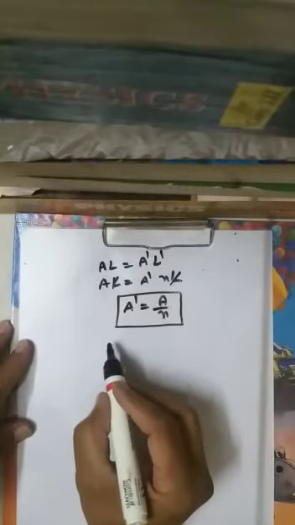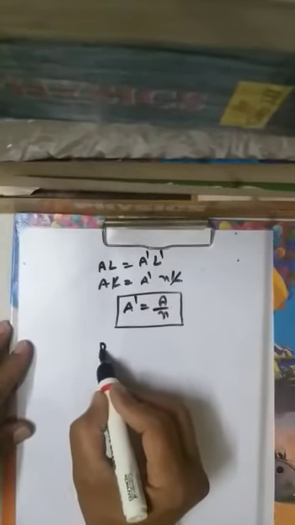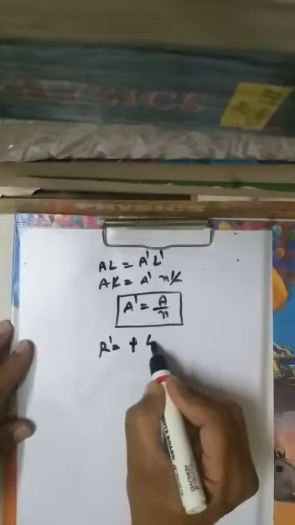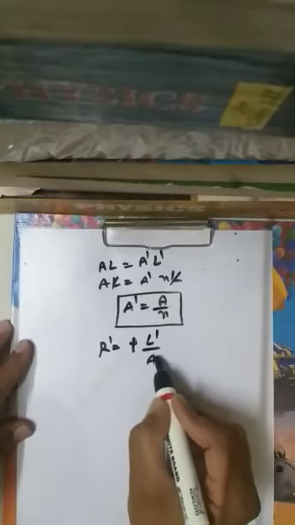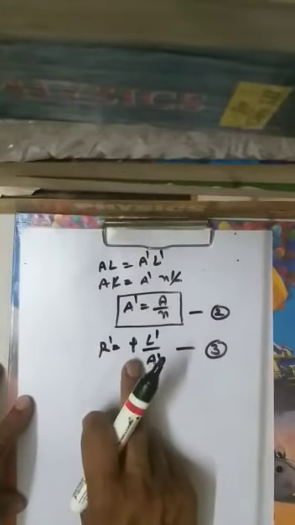Now we take the formula of new resistance. R dash is equal to rho L dash upon A dash. The resistivity remains the same because it depends upon the nature of the material. It doesn't change the material, so rho remains the same.